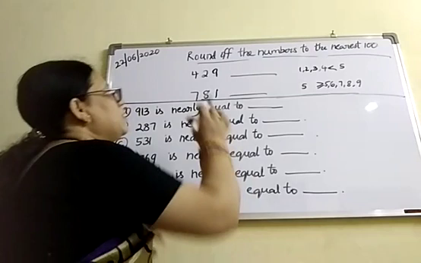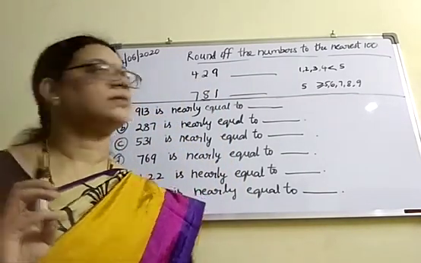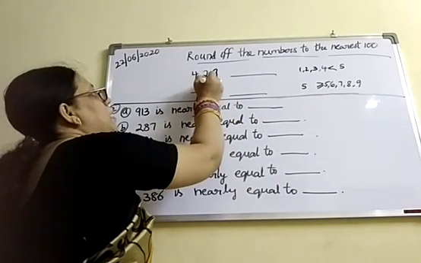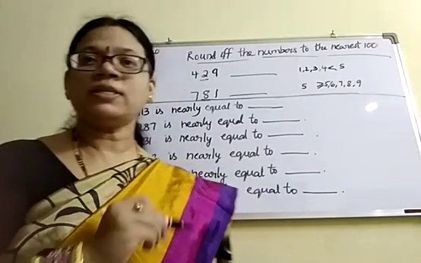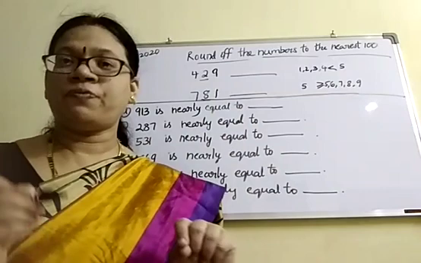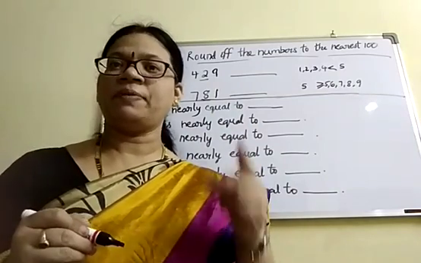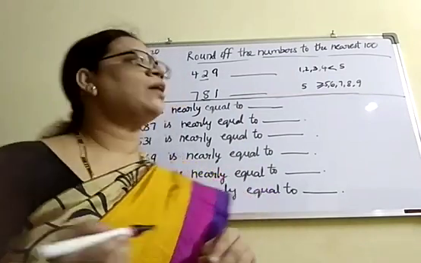First, suppose you take this example 1. To write the nearest hundreds number, you have to check the number in the tens place. What is the number in this tens place? 2 is there. If the number in the tens place is less than 5, that means 1, 2, 3, 4, we have to follow this rule.